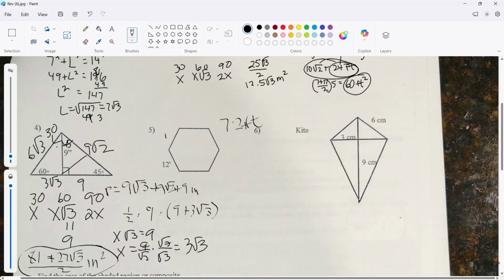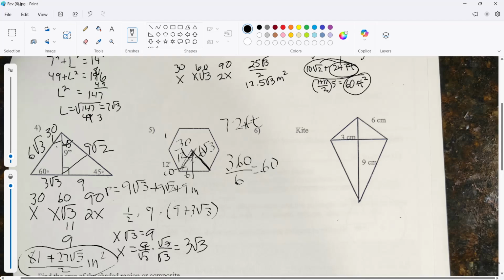How am I going to find the area? Well, it's going to be apothem times perimeter. And I can find this. Each angle is going to be 360 divided by 6 equals 60 degrees, which makes each half one 30. And that makes this 60. And if this is 6, the side opposite 90 would be 12. And this would be x square root of 3, which is 6 square root of 3.